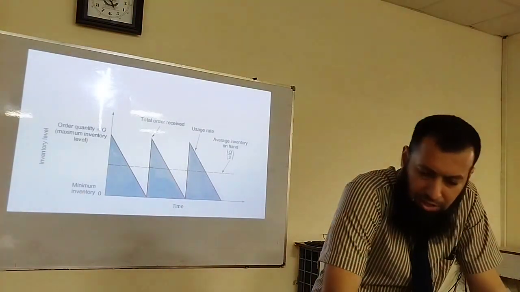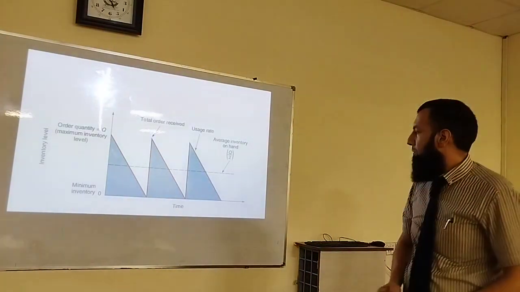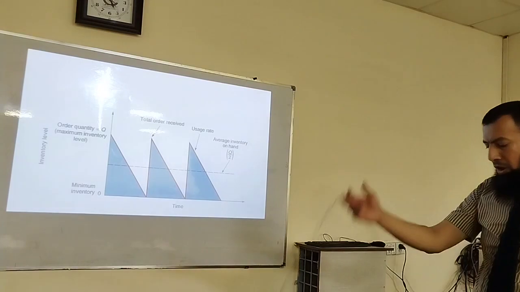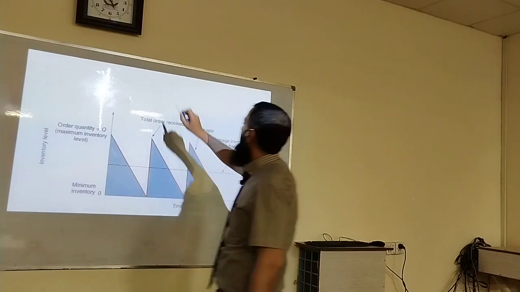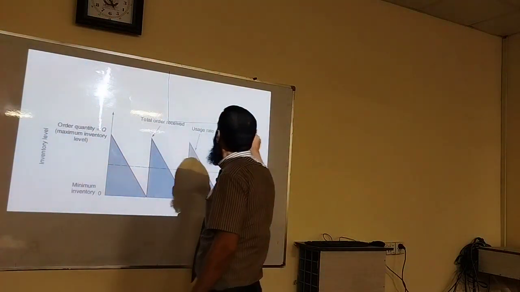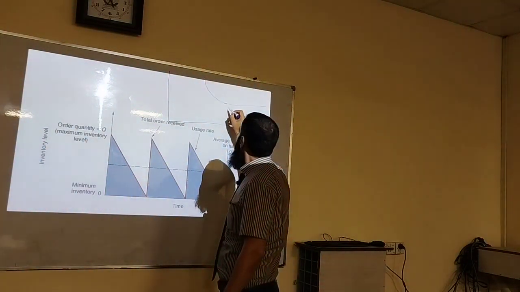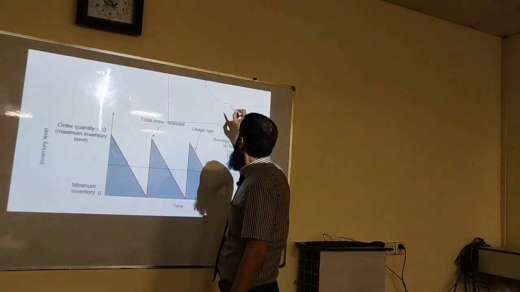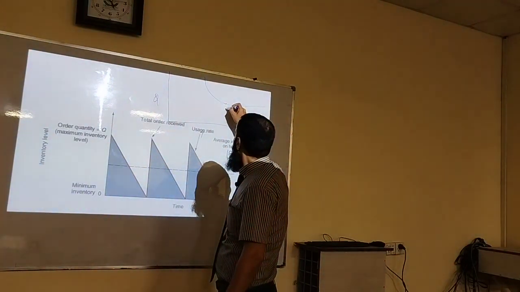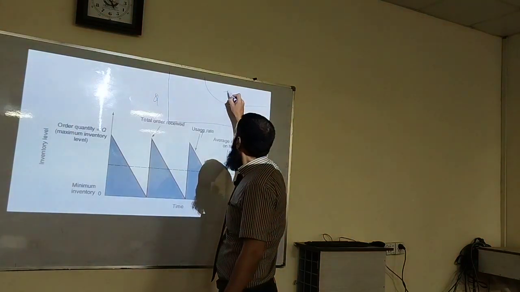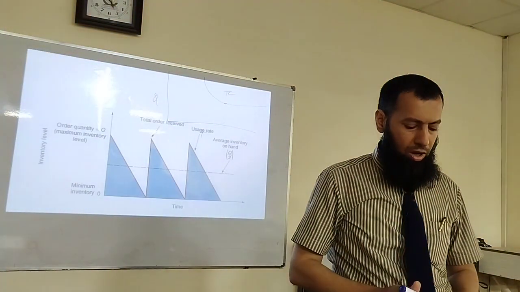Okay, next through the graph we talk about the ordering cost, the holding cost, and the total cost. Let's talk about the total cost over here. This is the point, time and Q, where your total cost is minimum. Your total cost is what?